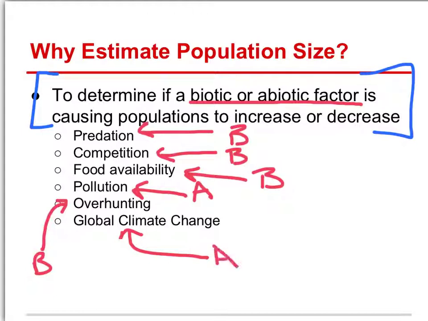Again, another abiotic factor. So we can see lots of different things can cause populations to change size. And if ecologists want to understand how or to what extent these factors have a significance, then we have to know how to measure population size.